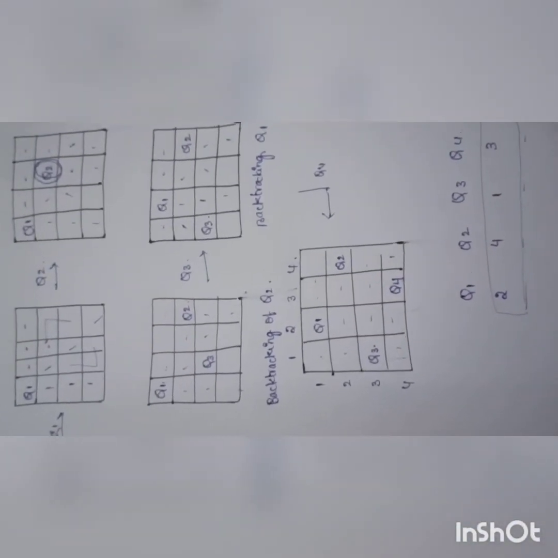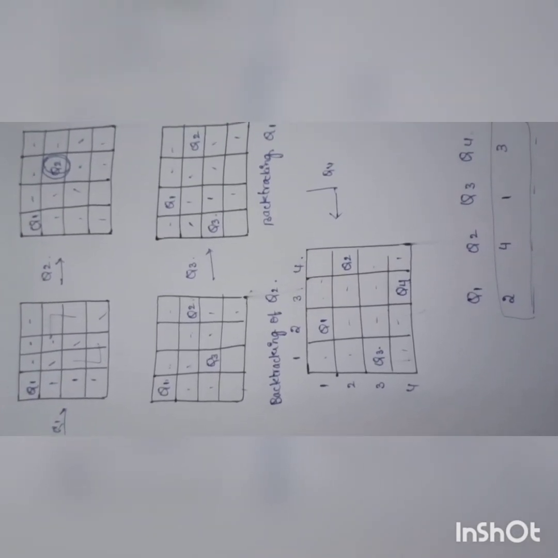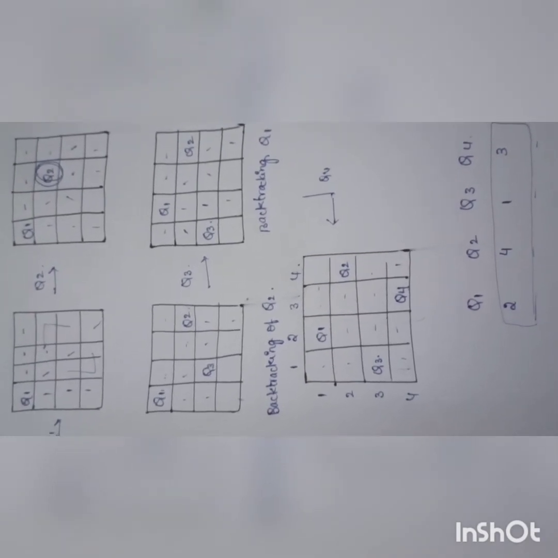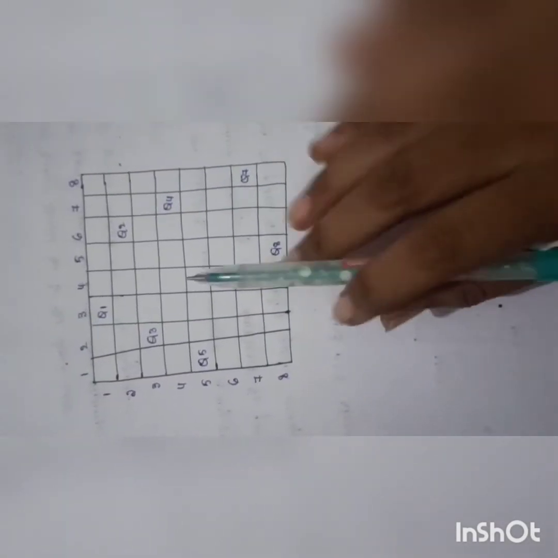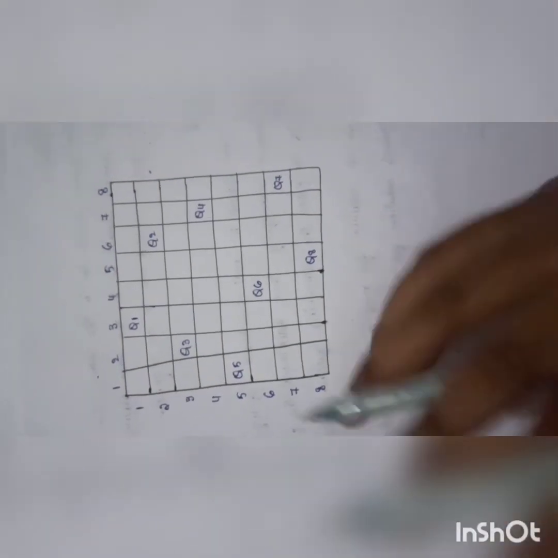Now, let us place 8 queens on an 8 by 8, that is 64 boxes, 8 by 8 chessboard. And this is the solution for the 8 queens problem.